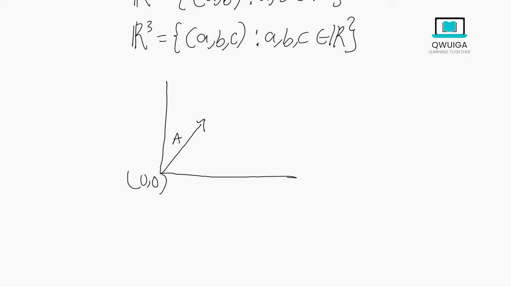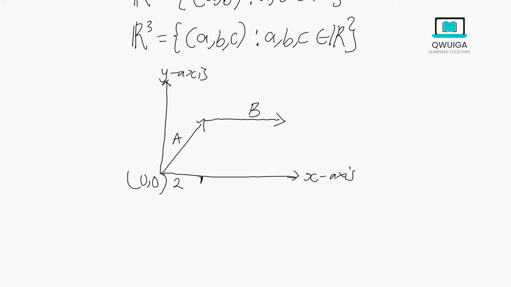Usually this is the x-axis and this is the y-axis. So this vector can be drawn by moving a particular distance along the x-axis and a particular distance along the y-axis. Say you're moving 2 units in the x-axis and then 3 units in the y direction.